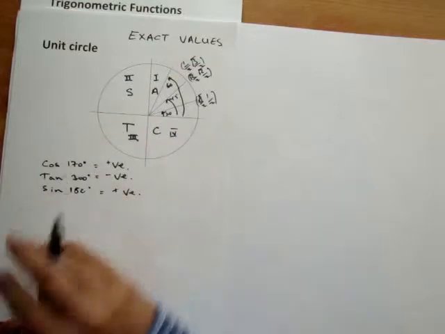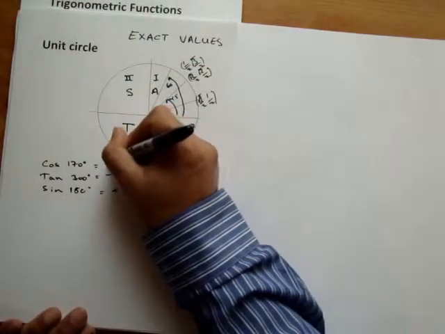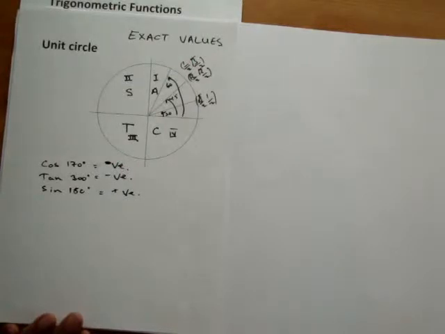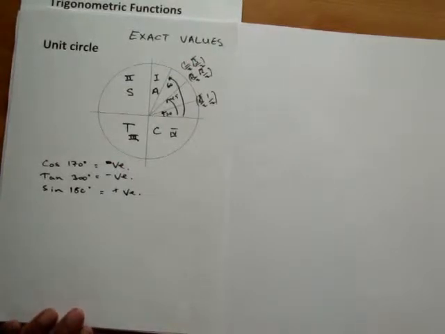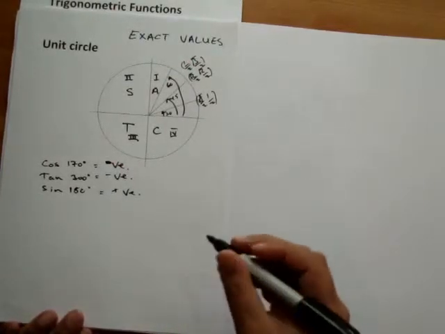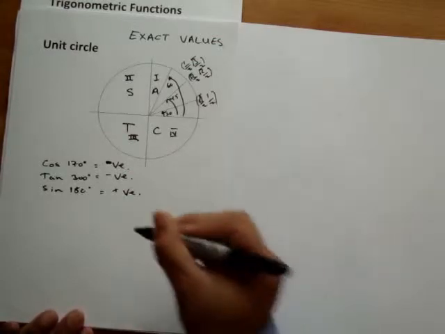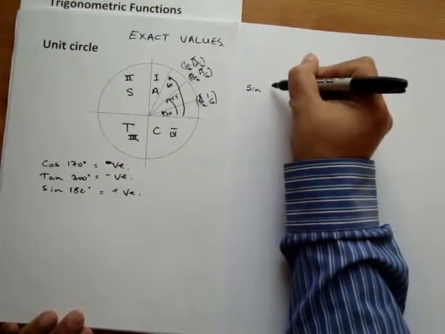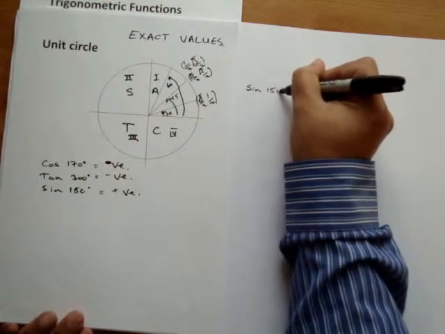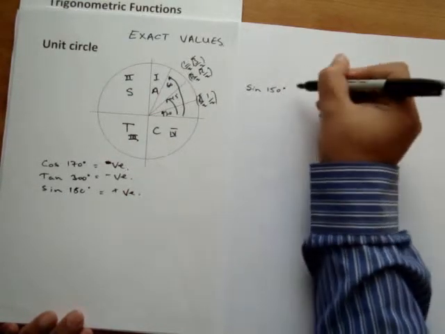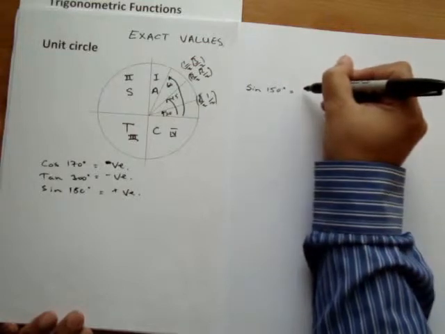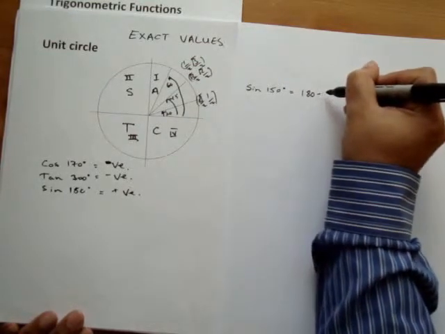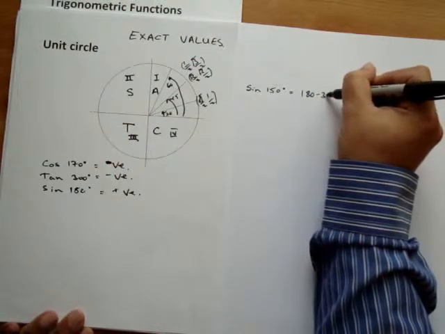170 degrees, cos would be negative because only sine is positive in that quadrant. Okay, so if we were asked for the sine of 150 degrees, an exact value, this would be 180 degrees minus 30 degrees.